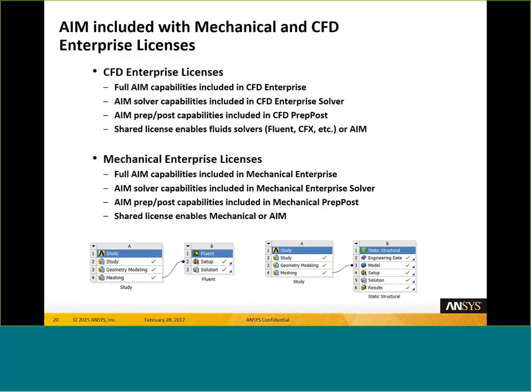And conversely, if you're a mechanical user, you need to do some CFD or maybe some electromagnetics, you now have some CFD and electromagnetic capabilities in your mechanical enterprise license. So this is a new bundling of AIM with the enterprise licenses, but for all of you enterprise customers, you now have access to AIM in either the mechanical or the CFD enterprise license.